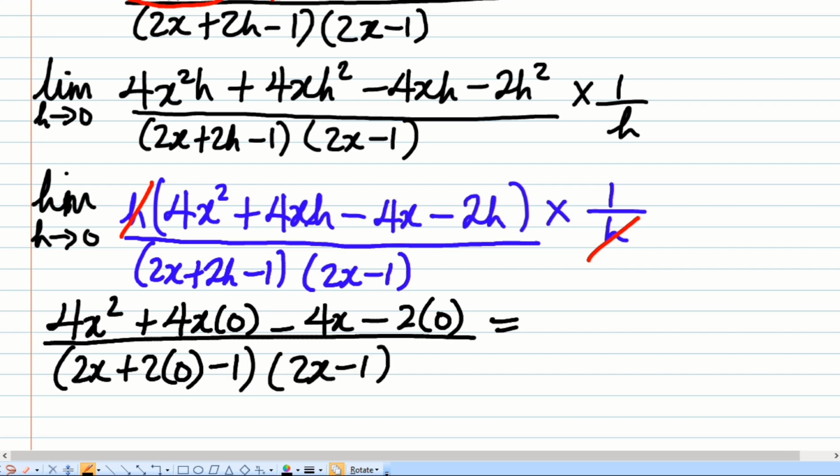This will be equal to, notice the things that will cancel out because here I have 4x times 0. Anything times 0 is 0. So this will cancel, this will cancel, this will cancel. So I'm now going to have my final answer, hopefully, 4x squared minus 4x. That's the only thing I have in the numerator.